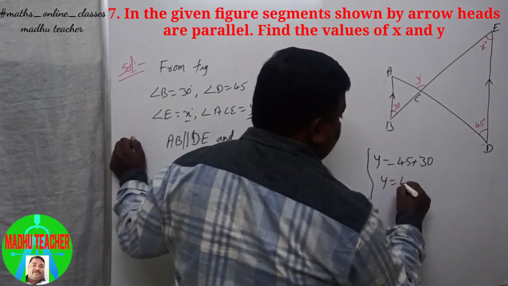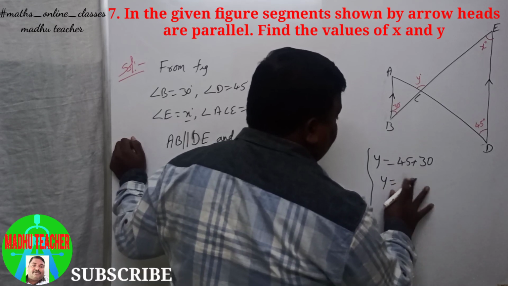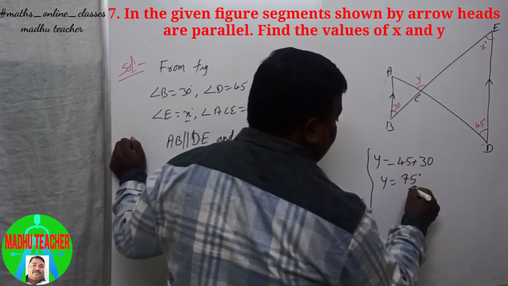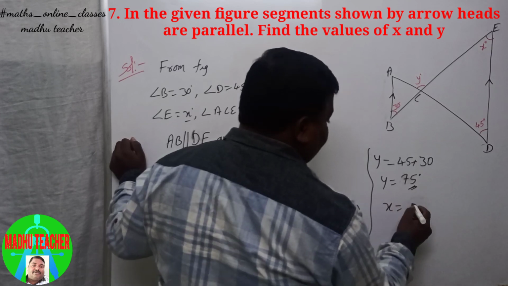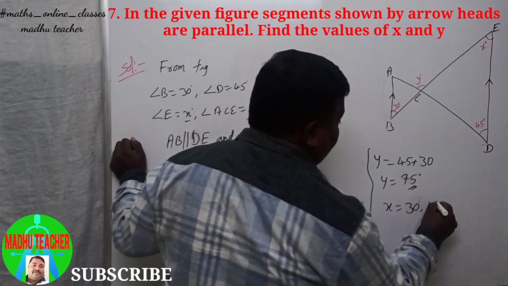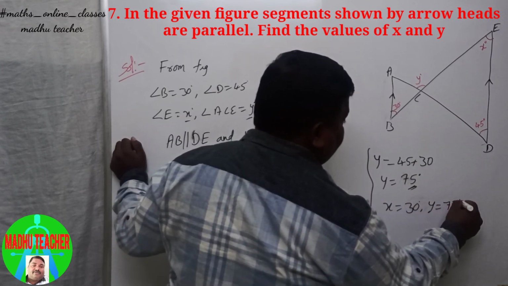So y equals 75 degrees. Therefore x is 30 degrees and y equals 75 degrees.